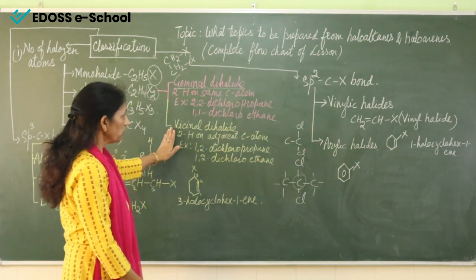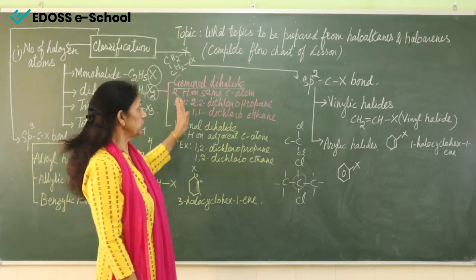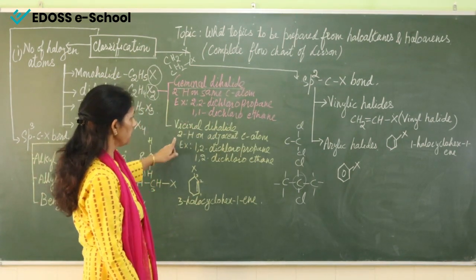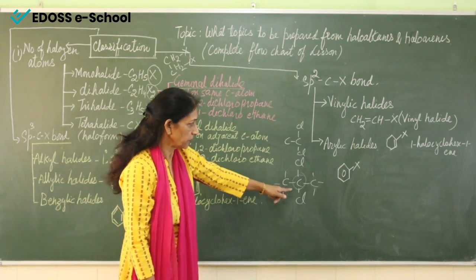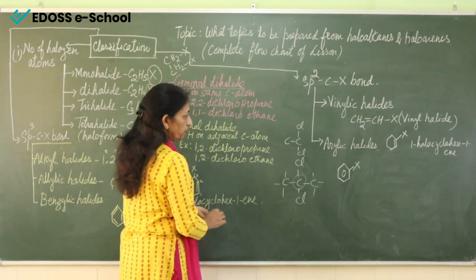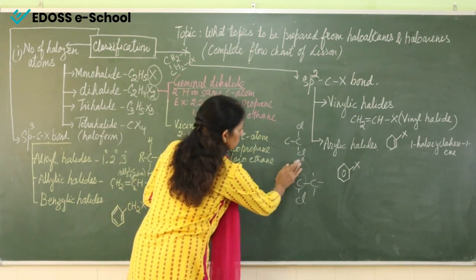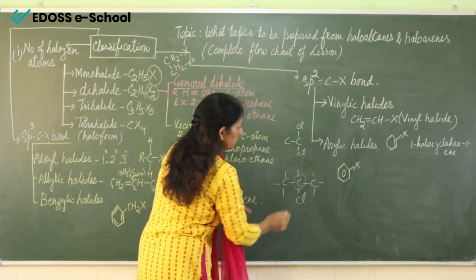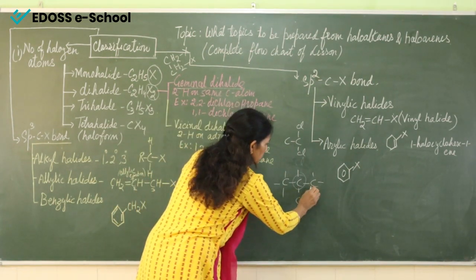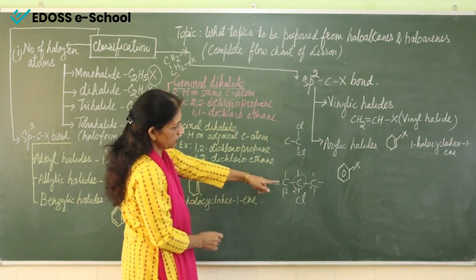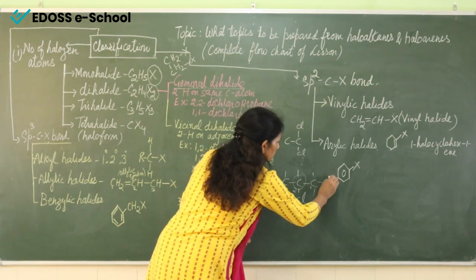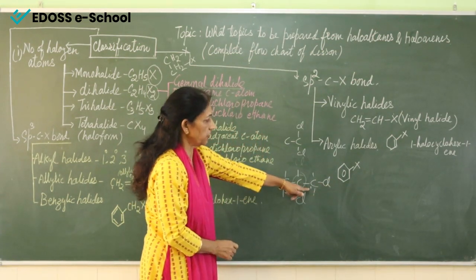Now coming to vicinal dihalide. What is the difference between both? Here the example is 1,2-dichloropropane. Same case here. This is the first carbon, this is the second carbon, and this is the third carbon. Now one of the Cl atoms is attached on the first carbon atom.